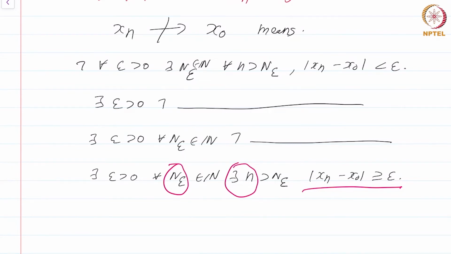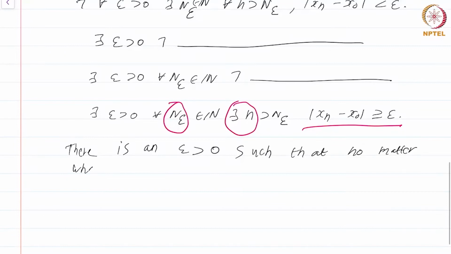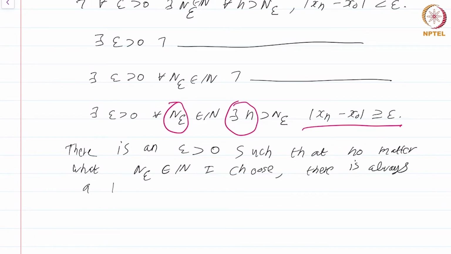There is an epsilon greater than 0 such that no matter what n_epsilon in the natural numbers I choose, there is always a larger natural number n such that mod x_n minus x naught is greater than or equal to epsilon.